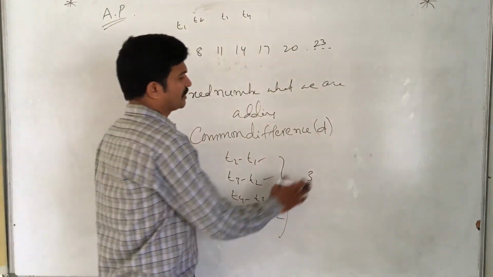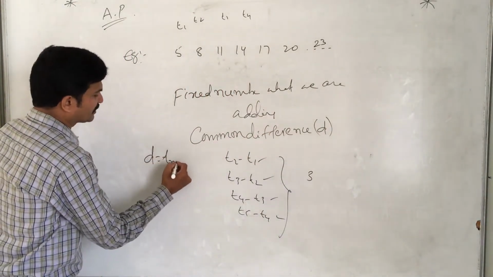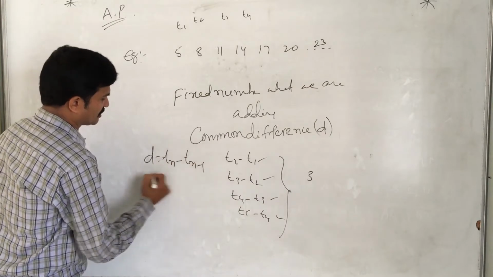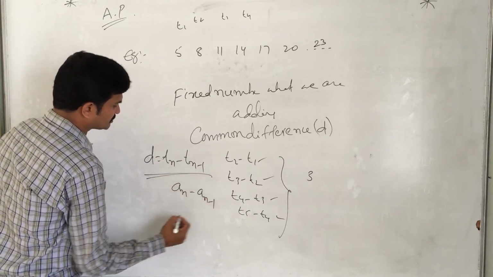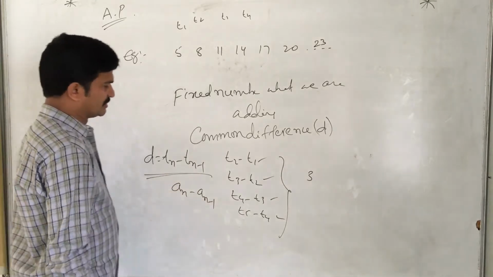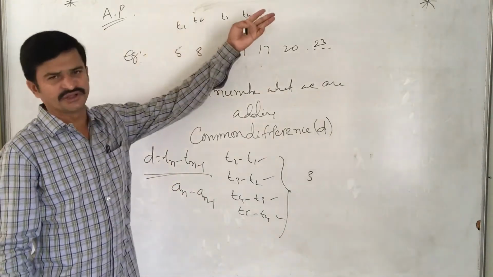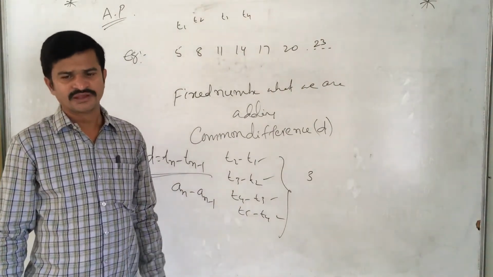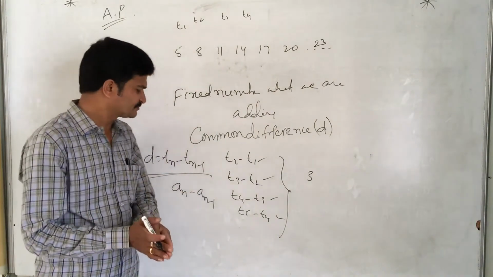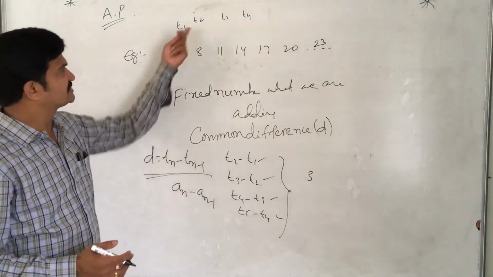So D is equal to Tn minus Tn minus 1, or else An minus An minus 1. An means the nth term. The terms are denoted by T1, T2, T3, T4, or else A1, A2, A3, A4. There is no specific rule for that, you can use An or Tn, no problem.